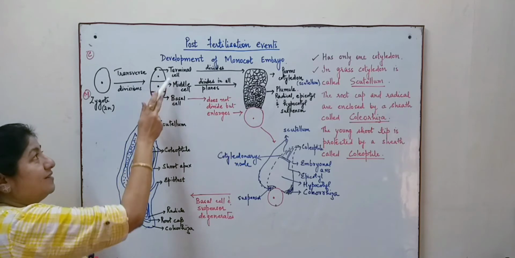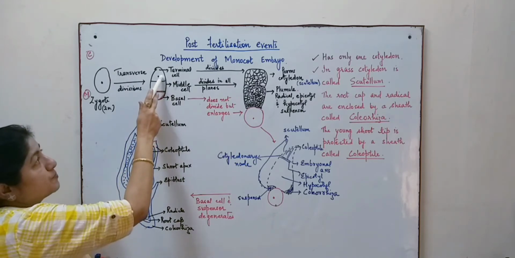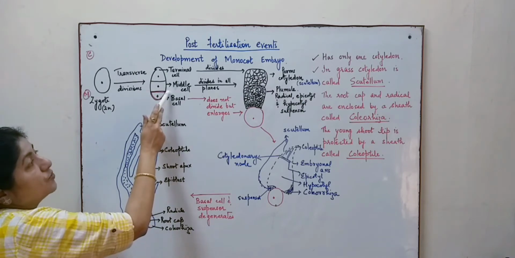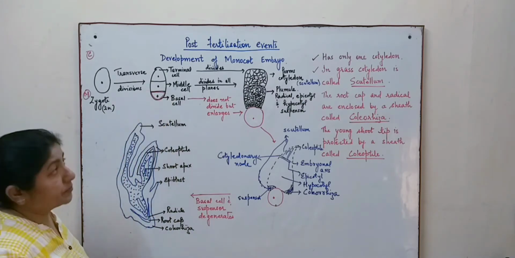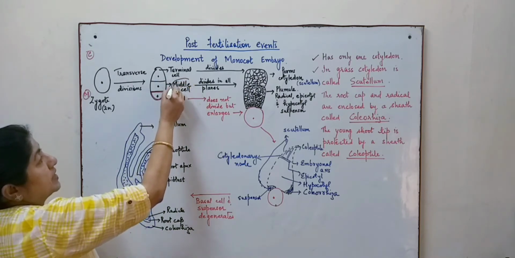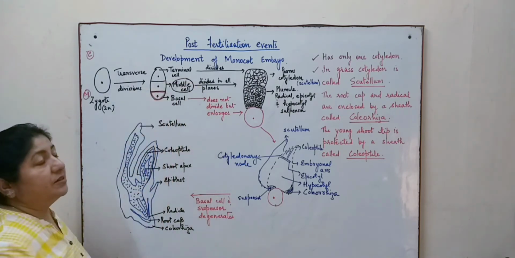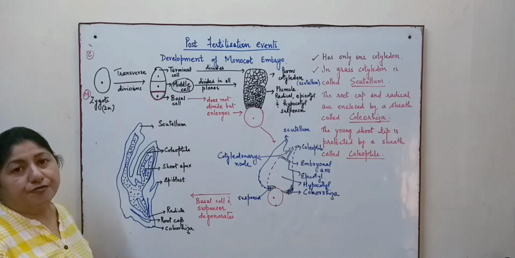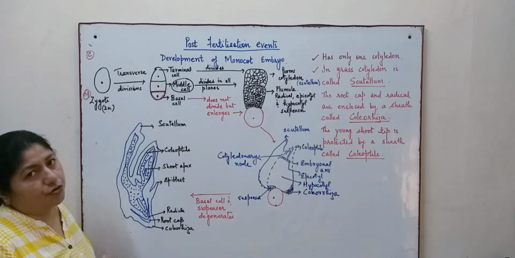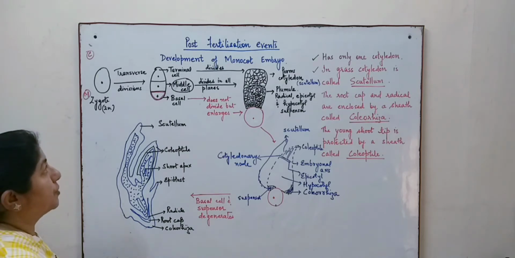The new cell present between the terminal cell and the basal cell is known as the middle cell. This middle cell is very important because it will later form the major part of the embryo, that means almost all the structures of the embryo.